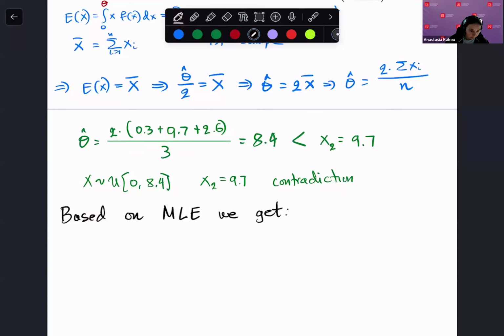We get the joint distribution of x1 to xn equal to the likelihood.